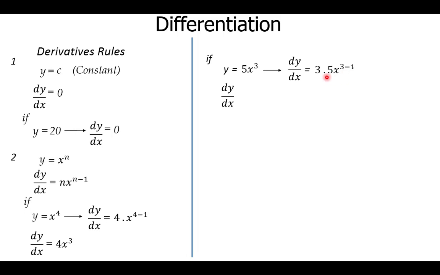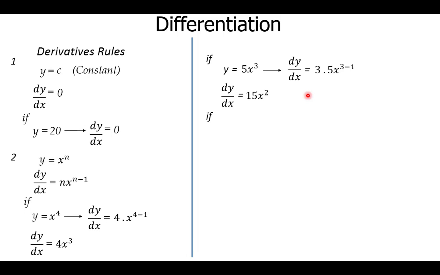Please, this dot you can see here stands for times. You could either use a dot like this to signify times, or you could use the x sign to signify times. So dy/dx in this case is going to be equal to 3 times 5 is 15, and 3 minus 1 is 2. So dy/dx will be equal to 15x squared.